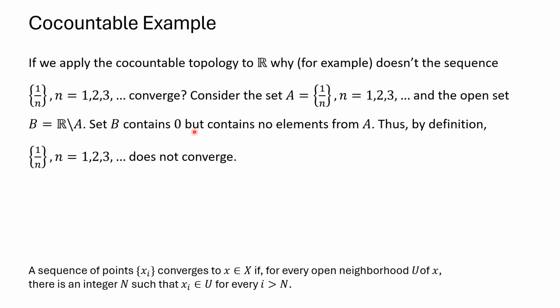B is an open neighborhood of 0, but that's not the case here because B is the complement of A, so we have a contradiction. So it's a kind of convoluted example, but it violates this definition, which people have agreed to as the definition of convergence in a topological space. I'm sure they considered other examples, but this is what they came up with, I'm sure, after a lot of discussion.